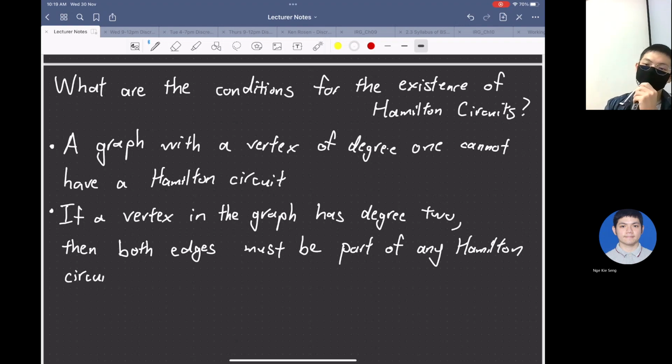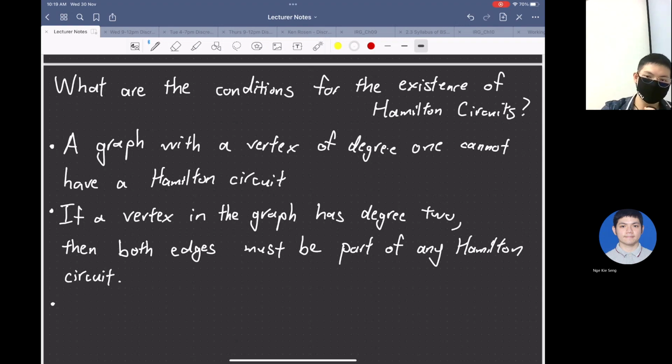Because that's the only way you can pass through the vertex, because your vertex only has degree 2. So any Hamilton circuit must pass through the 2 edges. Make sense?